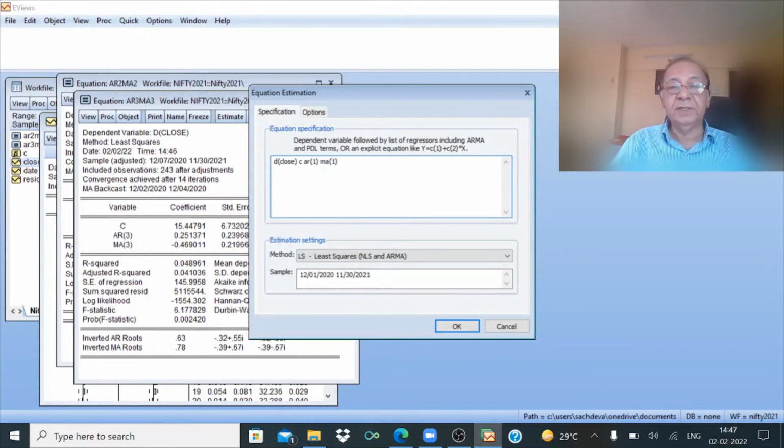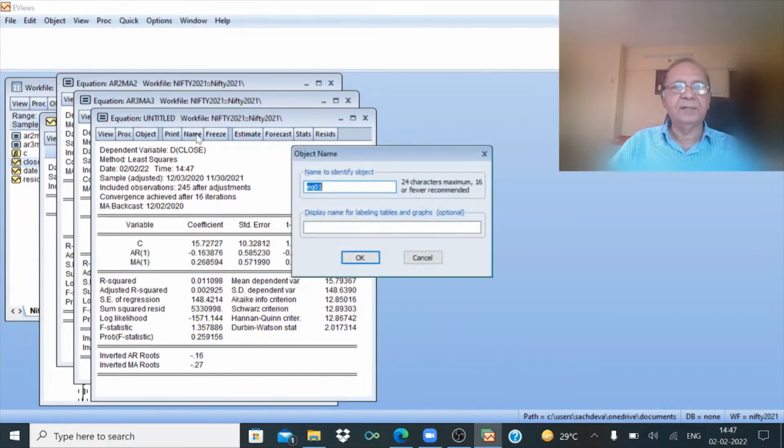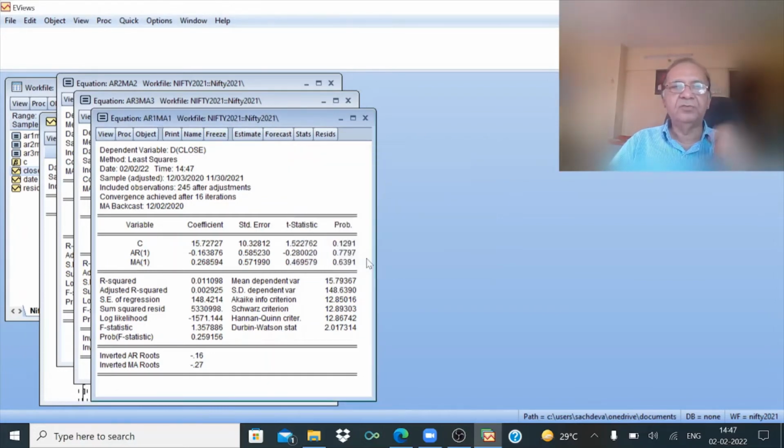So this equation is ARIMA 111, that is autoregression 1, difference 1. The difference we have taken is the first difference, 1. And MA1. So let us see this model. Okay. So we can save this also as AR1 MA1.